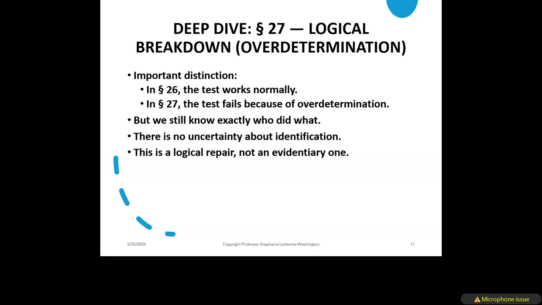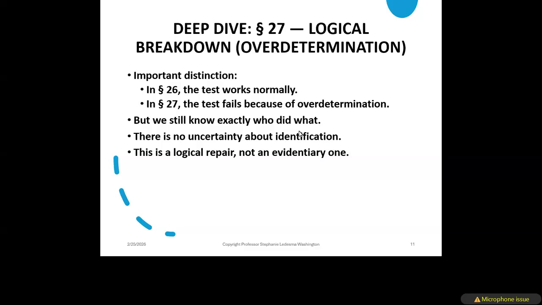We still know each negligent act connected to a defendant. There's no uncertainty about the identification. This is a logical repair, not an evidentiary repair. This is a logic repair. That's 27.